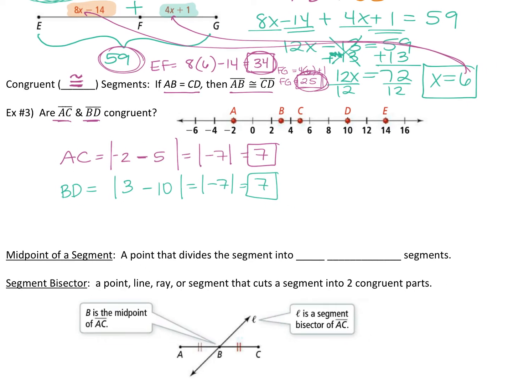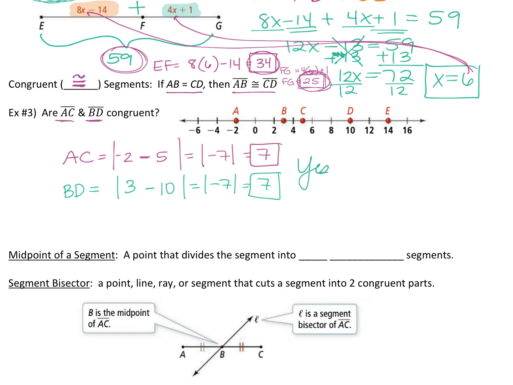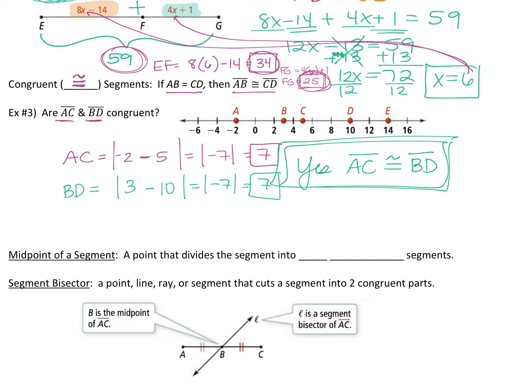So we would say, are they congruent? Yes. And here's how you write it, okay? Segment AC is congruent to, okay, so whenever you see that congruent symbol, is congruent to, and then the other segment, segment BD. Questions on that?